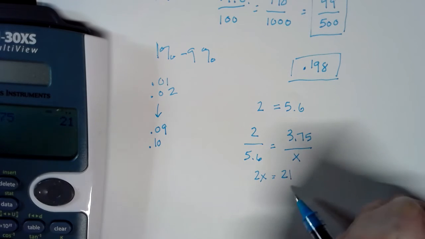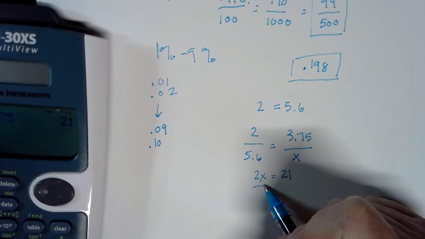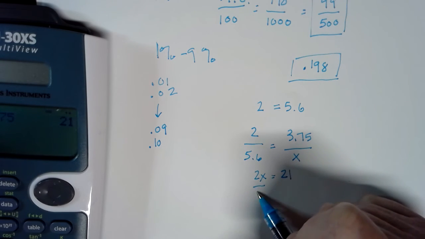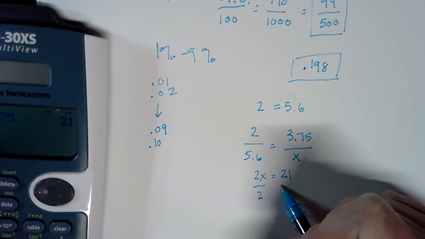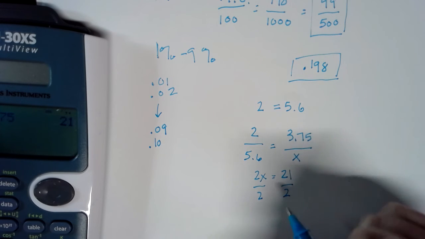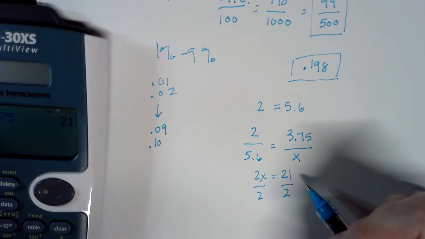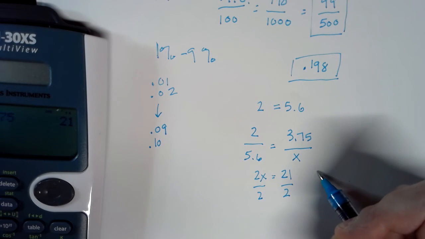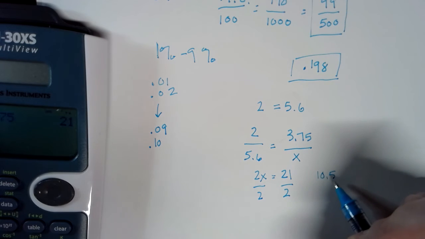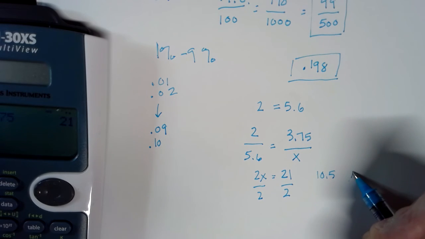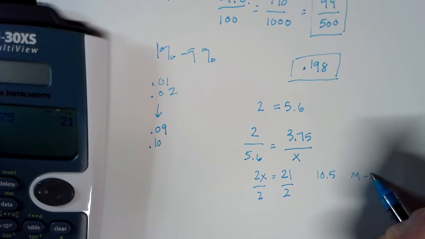And that gives you 2x equals 21. Separate the 2 and the variable by dividing by 2 on both sides. What you do on one side, you do on the other. 21 divided by 2 is 10.5. So that's the mileage between Medway and Norwood.